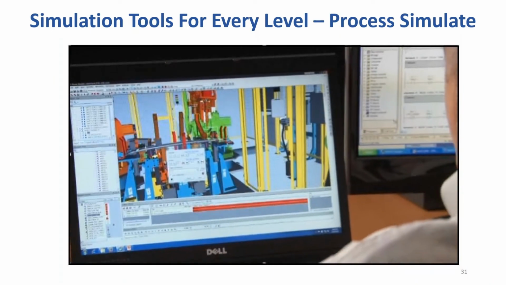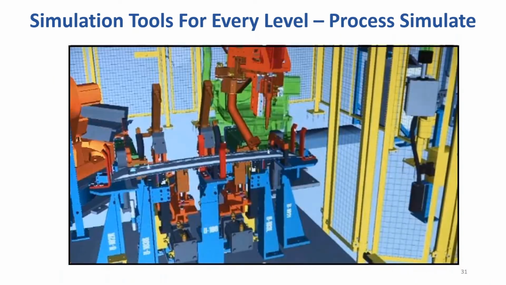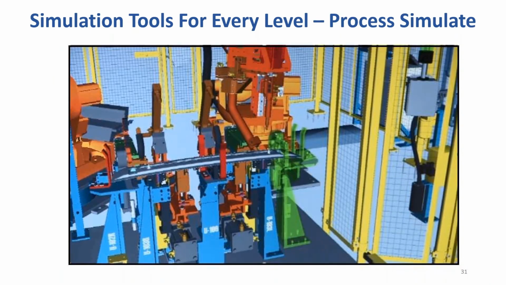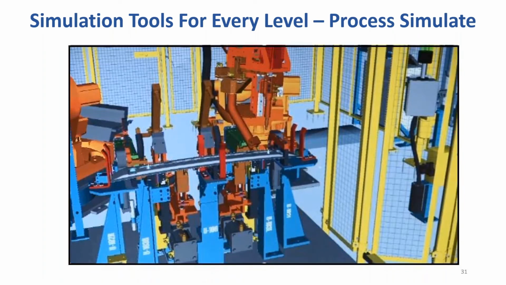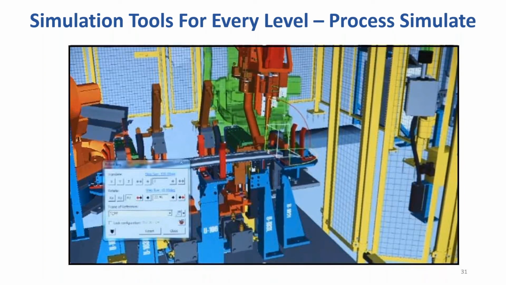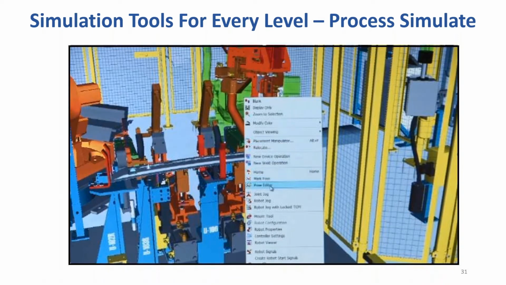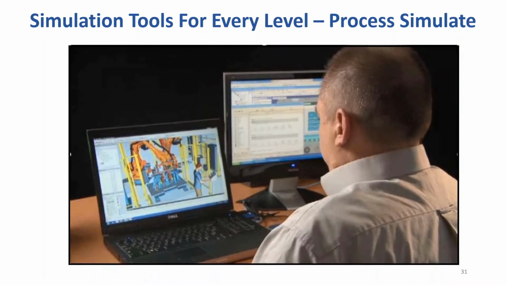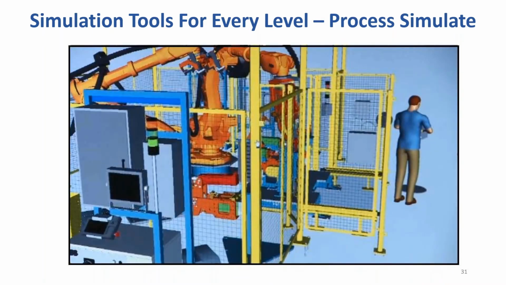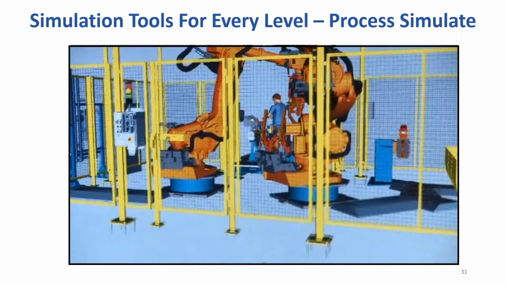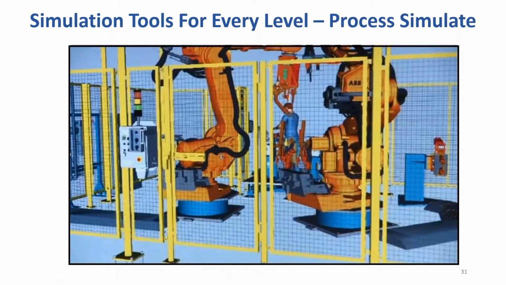Process Simulate enables engineers to use a 3D environment to design equipment and refine manufacturing processes. Evaluating multiple iterations and problem solving are performed in the office rather than on the shop floor, so engineers can be confident that their designs will meet functional and performance requirements before implementation.